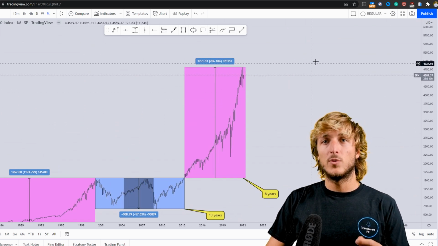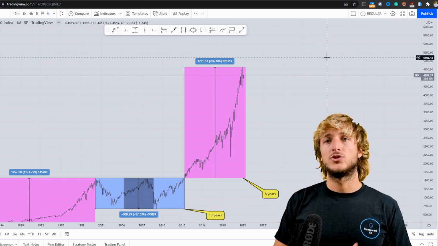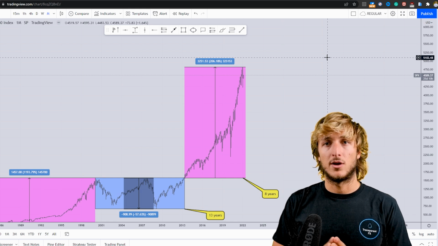So we would have the smallest bull run in the moment in which we're getting the most money printing historically.